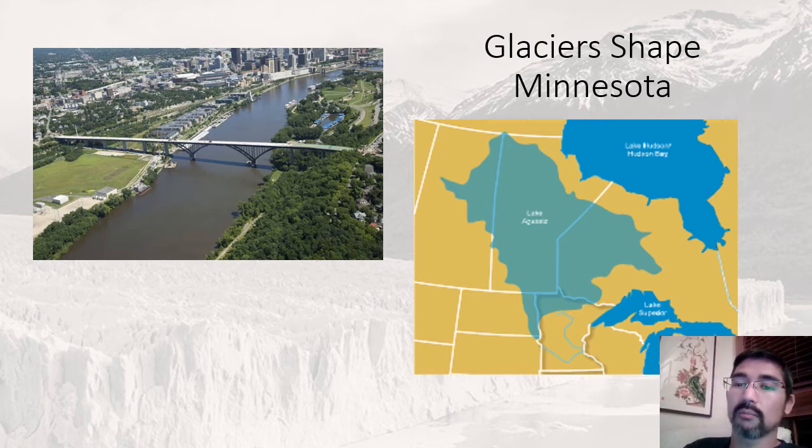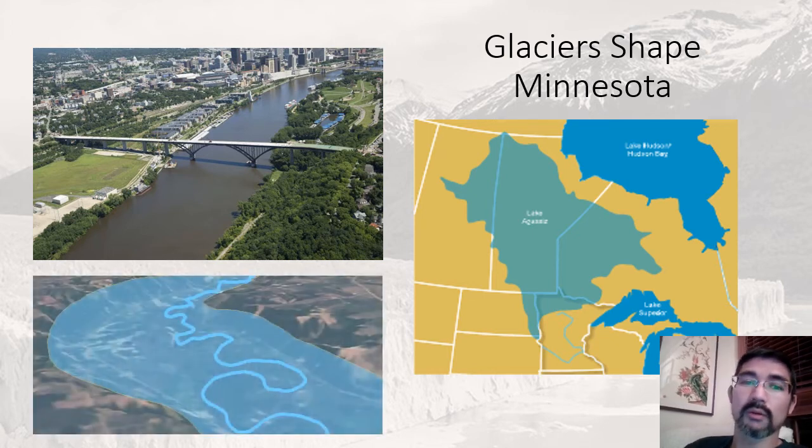Nonetheless, because this was such a huge lake, the runoff from the lake made the Mississippi River much, much bigger. If we look at the Mississippi River today, this is a great image because it'll show you where the banks of the river are. So if we look here at the end, this is one bank of the Mississippi River, and over here, this is another bank.